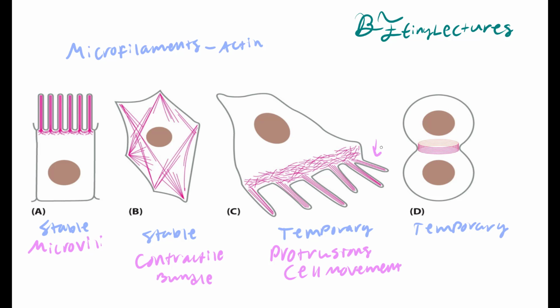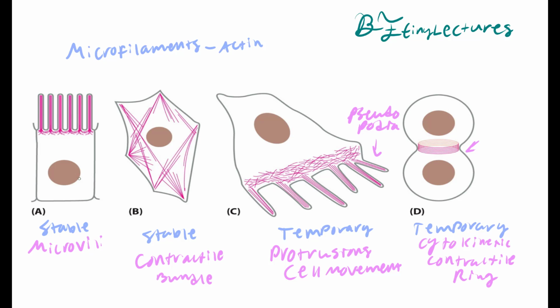You could think of this as pseudopodia. And right here, which looks like a belt, this is actually a cleavage furrow, and you often see that within the cytokinetic contractile ring.